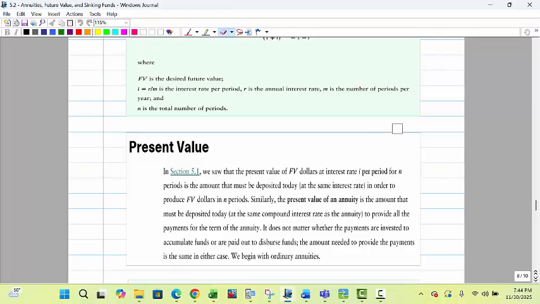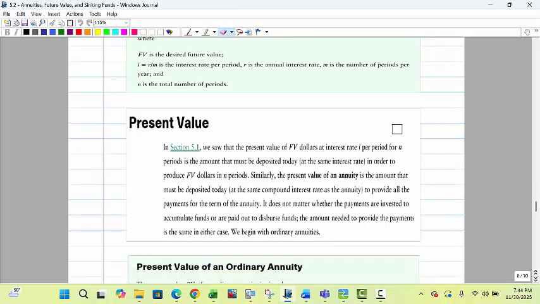Okay. Now, present value of an annuity is the amount that must be deposited now to provide all payments for the term of an annuity. And this is also in the next section how we're going to handle loans and things like that, except the difference is you're borrowing the money versus using your own money.